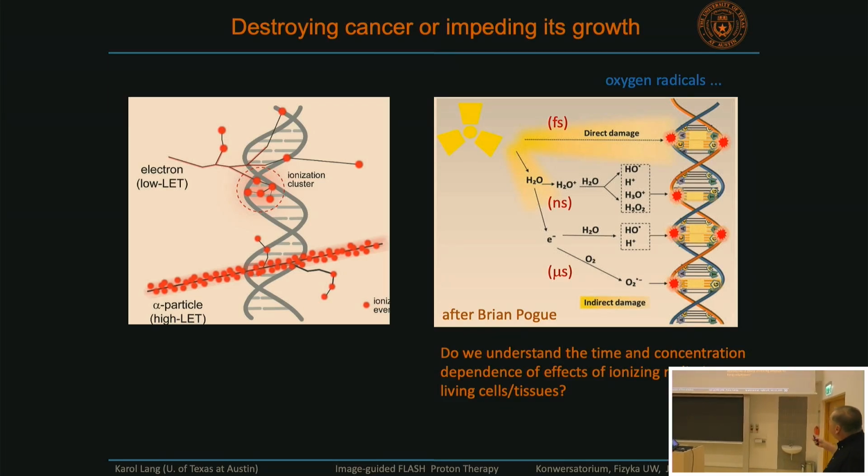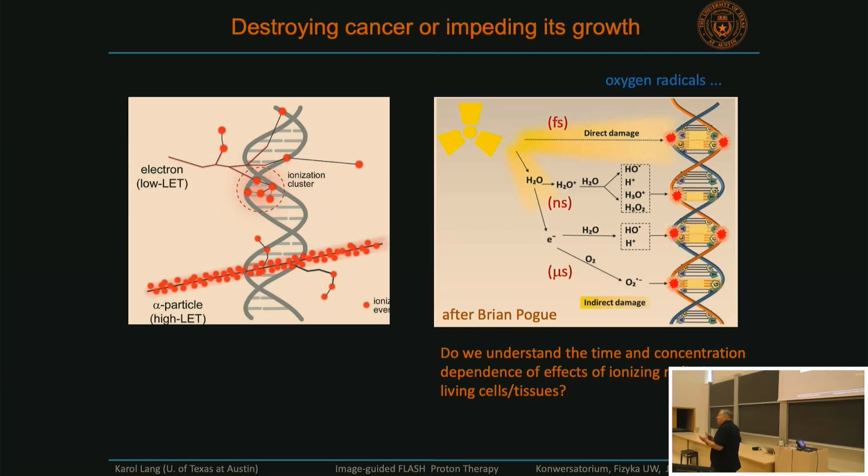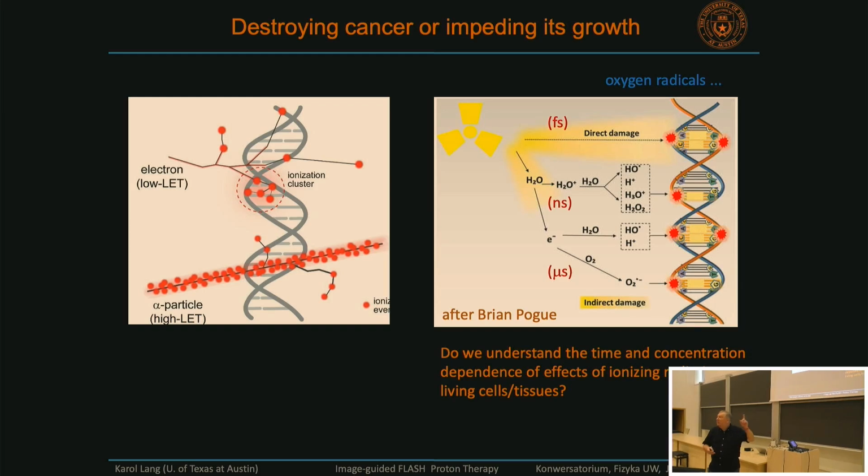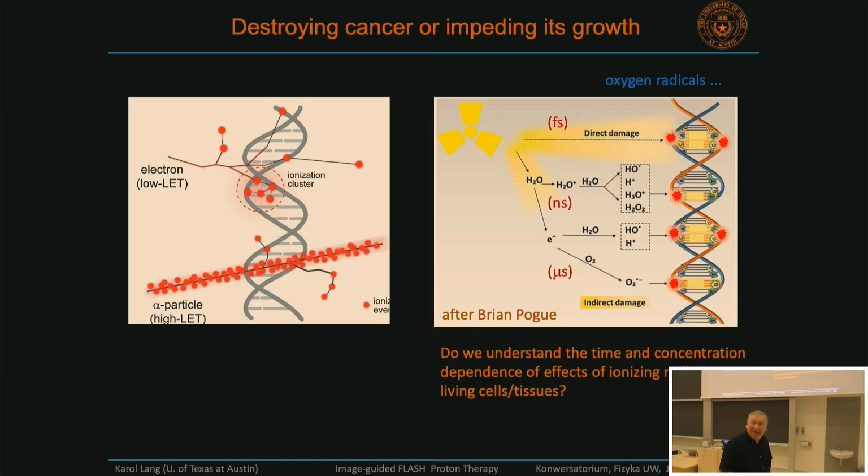And this chemistry, besides maybe this physics, the rest is chemistry, is on different time scales. It starts from femtoseconds, goes to microseconds, and the question is, do we really understand it so well that we can, with confidence, state how, when we apply protons or gammas, the cancer is eradicated? I will leave this question hanging, and I'll come back to it, but you can start guessing what the answer is.